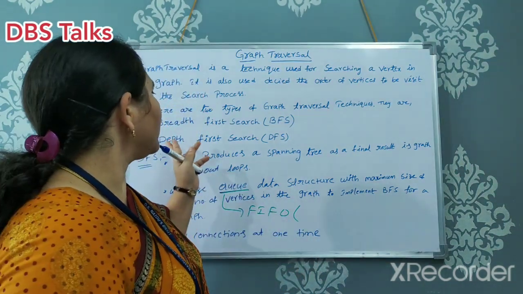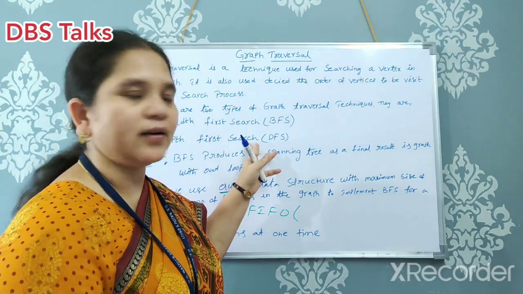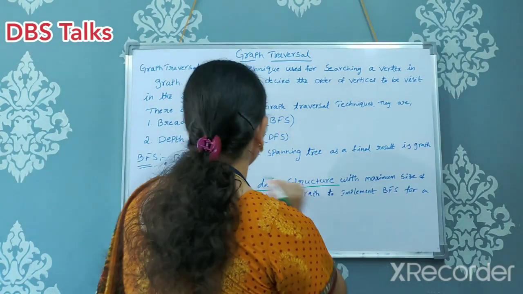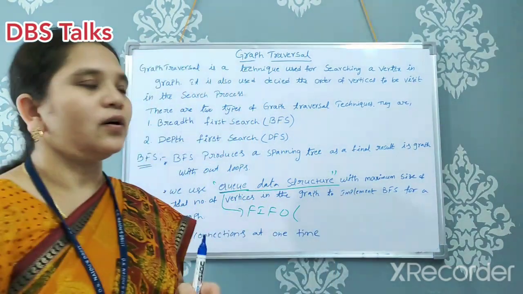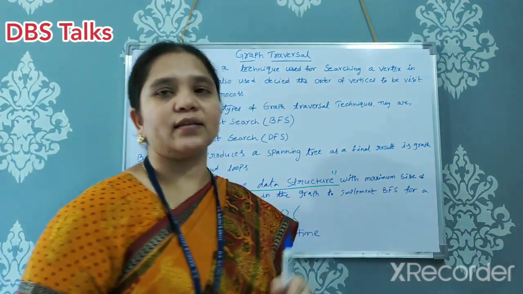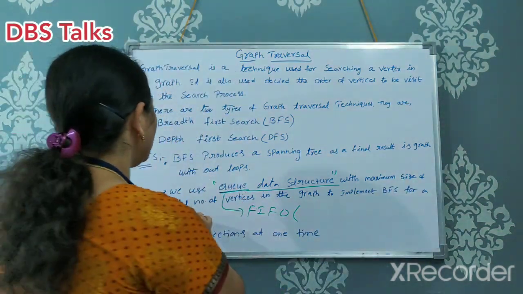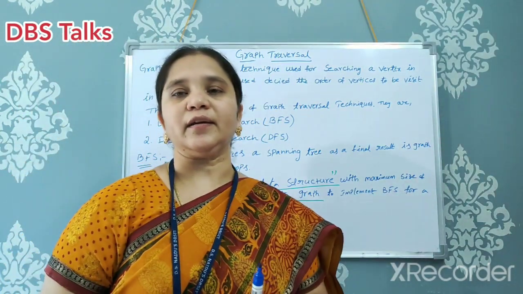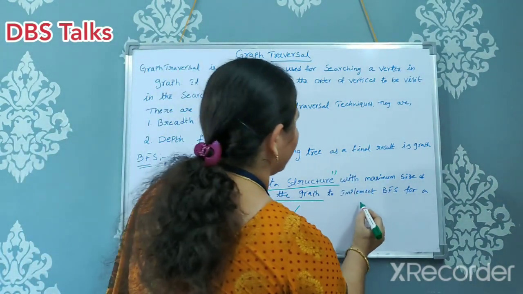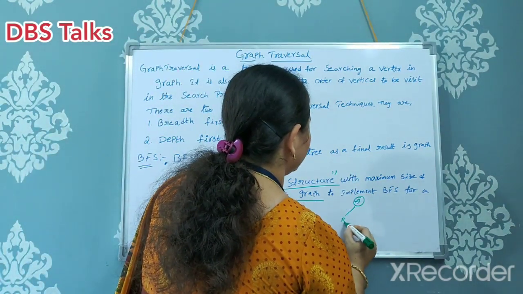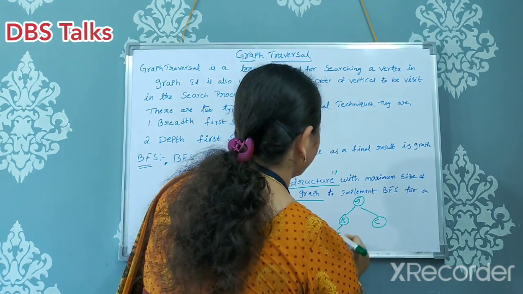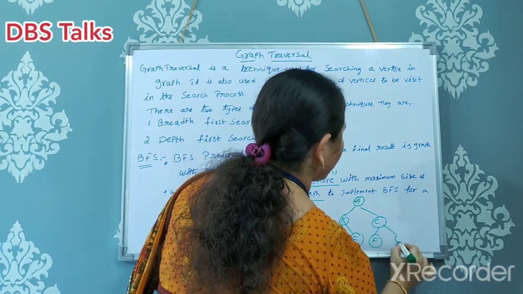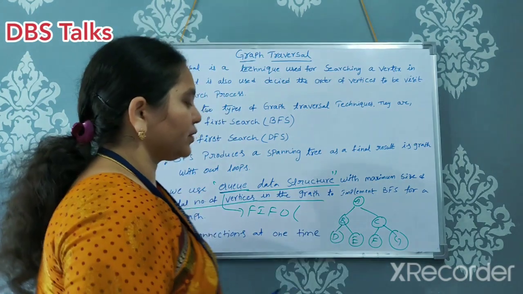To perform the breadth first search traversing method, we use the Q data structure with the maximum size of the total number of vertices in the graph. Suppose we take a small tree.